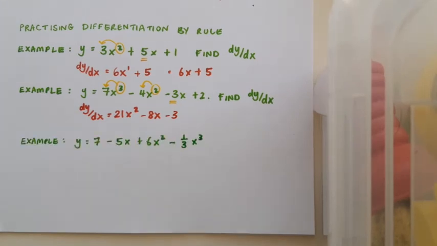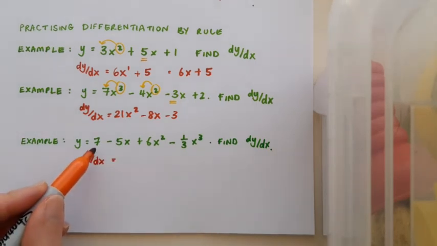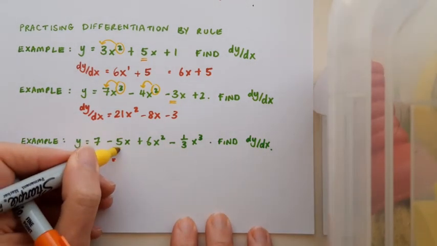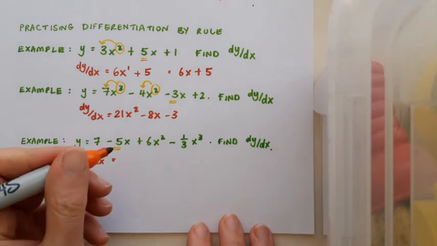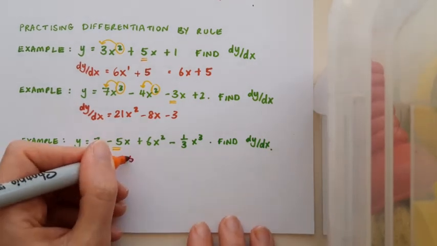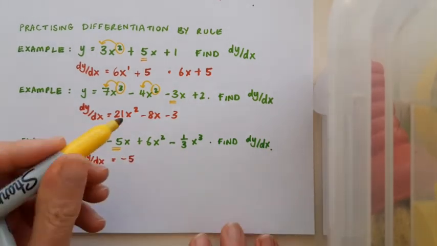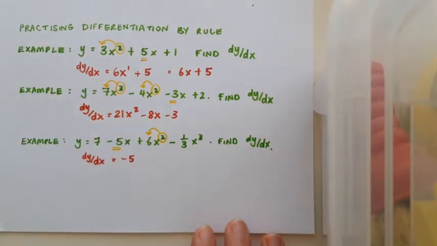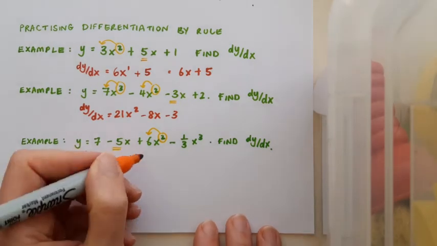And here we have another example. y equals 7 minus 5x plus 6x squared minus 1/3 x cubed. And I want to find dy dx. This time my first term is the constant, so it's going to get dropped. I'm straight on to the x term, where I keep the coefficient. Next, I've got to bring the 2 down and multiply it by the coefficient, which is going to give me plus 12x.